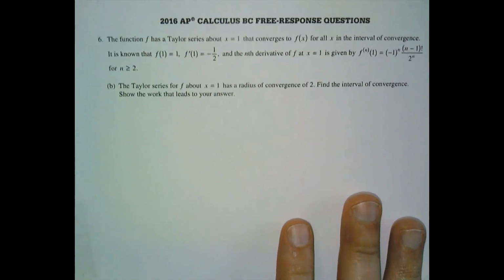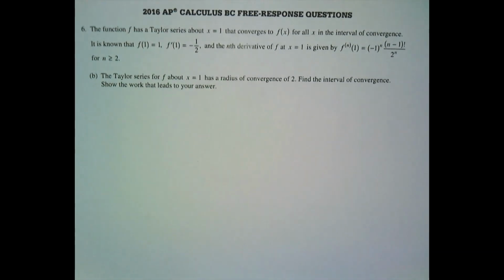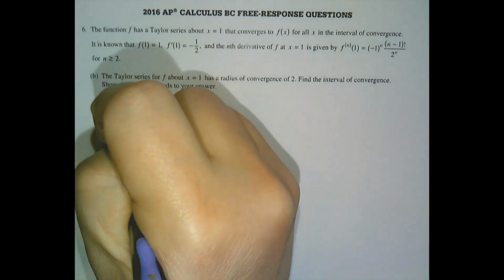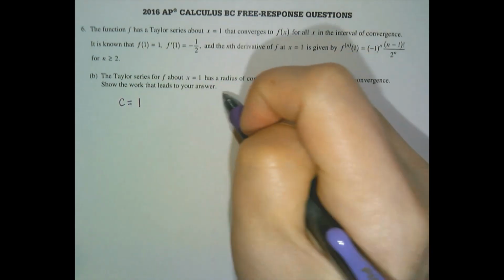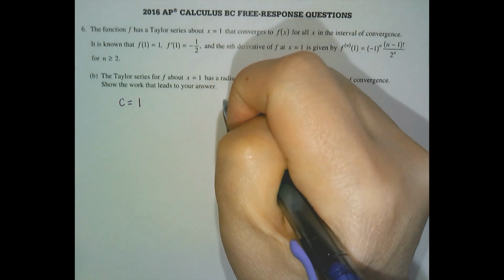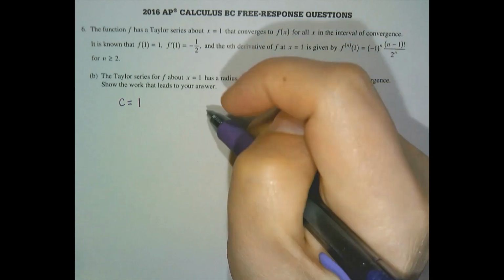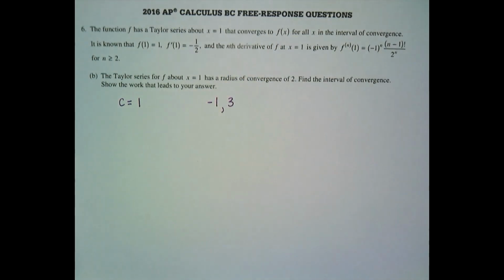Part B says, the Taylor series has a radius of convergence of 2. Find the interval of convergence. Well, we've already established that the center of the Taylor series is at 1, and if the radius is 2, then we're going to go 2 above the center and 2 below the center, and this is our interval of convergence.